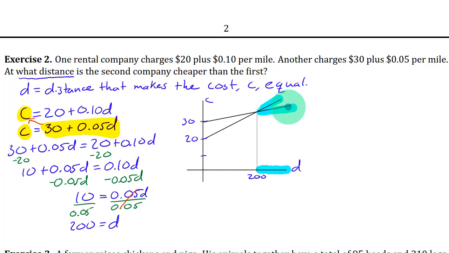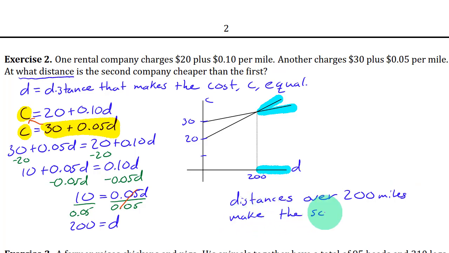The c coordinates are lower here. So to answer the question, what distances make the second company cheaper, it would be distances over 200 miles make the second cheaper.